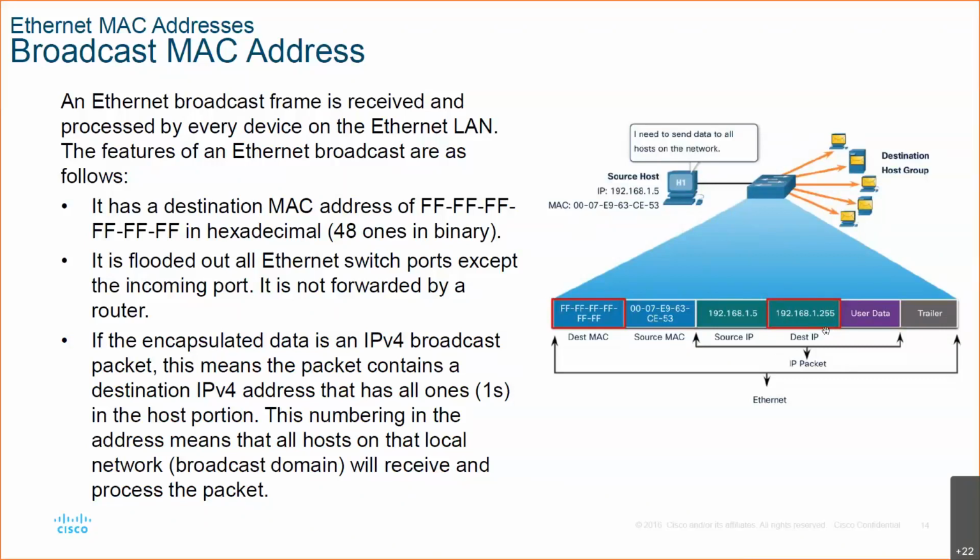How? Because the host portion can only have addresses from 1 until 254. Why not 255? Because 255 has been reserved as a broadcast address. You cannot give an IP address ending in 255. 255 is reserved in IP version 4 for broadcast.